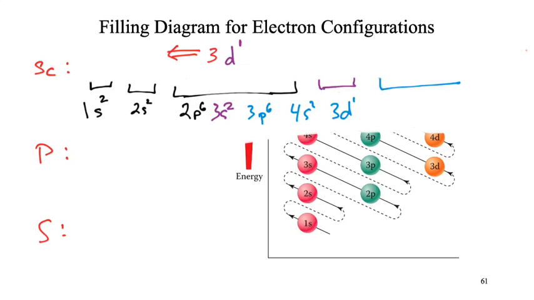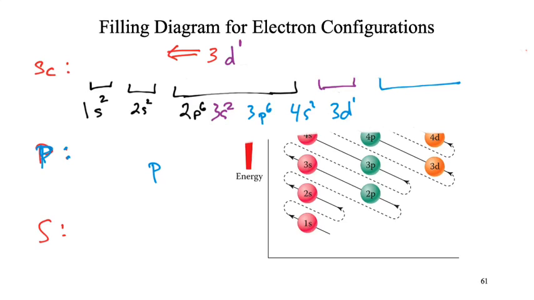So if we went through to look at phosphorus, what's our cheat? Where is P on the periodic table? On the far right, in which block? That is the p block. Phosphorus is in the p block.